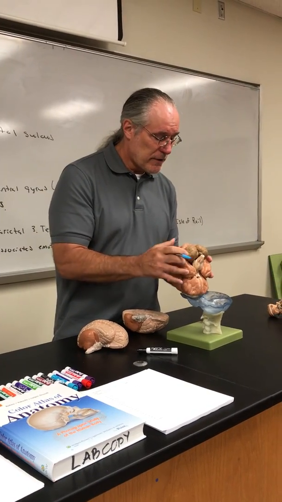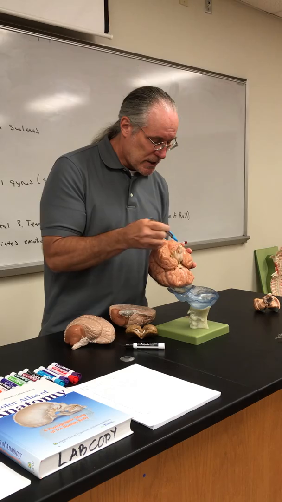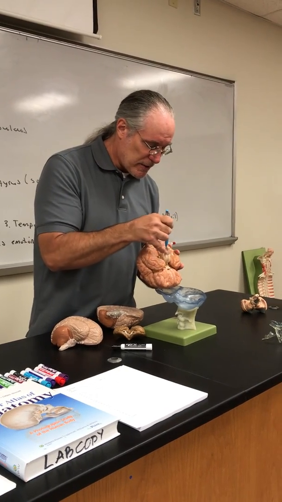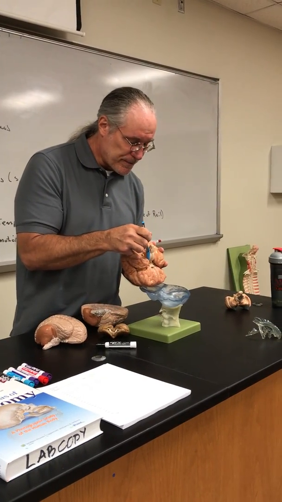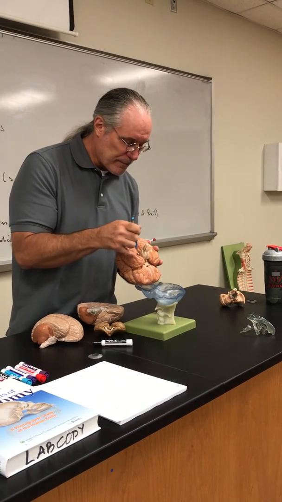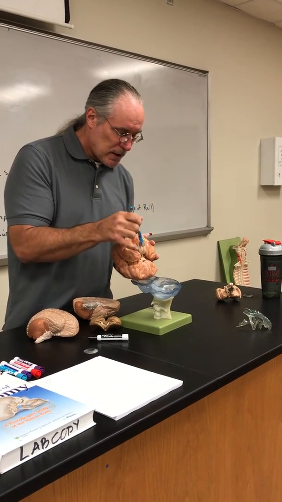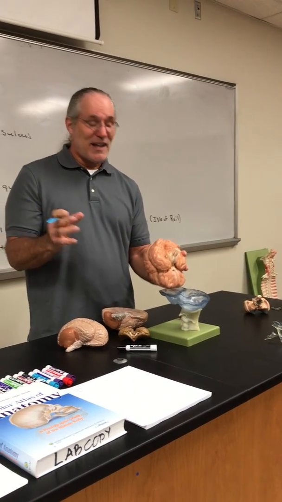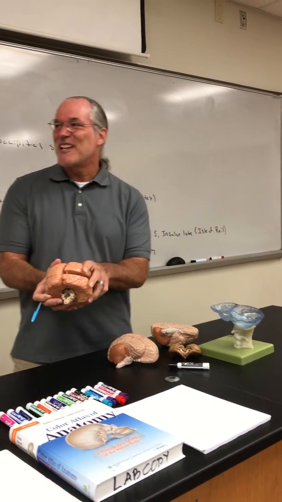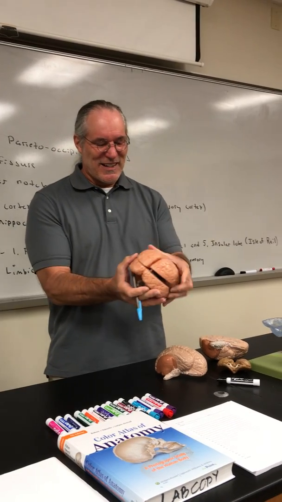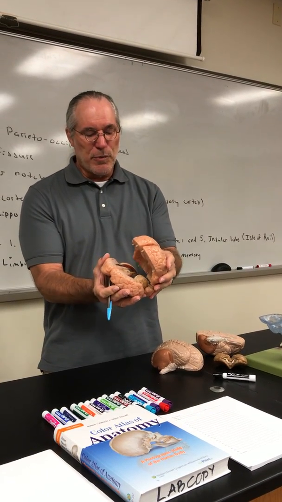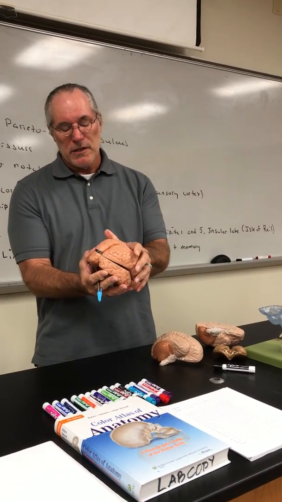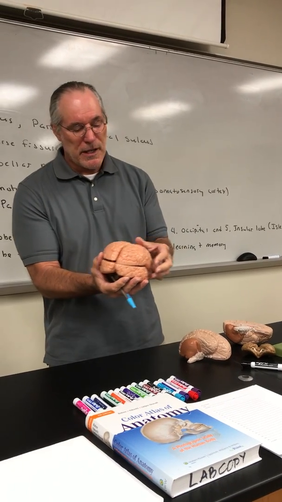So if you take off the cerebellum, then surrounding the brain stem, this area here would be the parahippocampal gyri. And why are they parahippocampal gyri? Because of the hippocampus, you guys know this, and the hippocampus is what? It's your primary learning area, right? This is where most of your learning takes place, in the hippocampus.